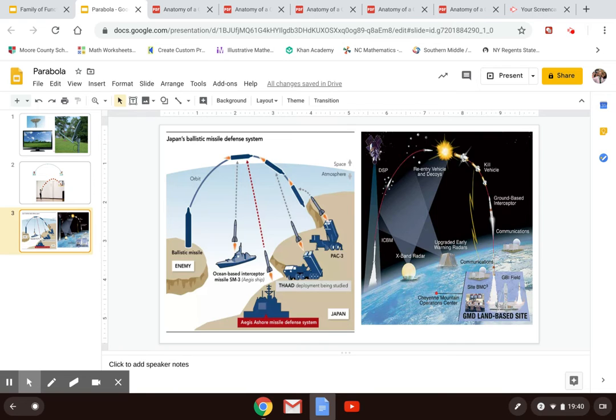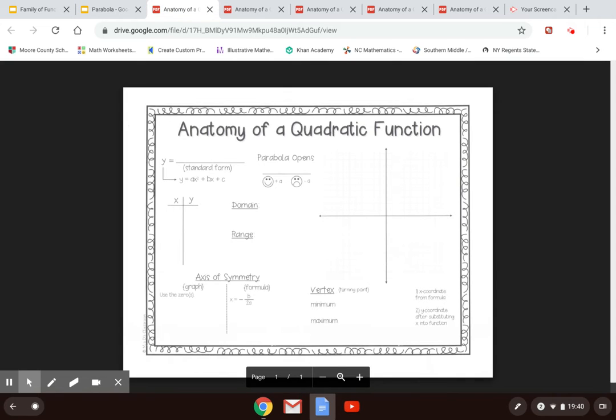So having said all that, let's go back to where we were yesterday as we were learning about the anatomy of a quadratic function. A quadratic function is a parabola, and on the graph, a parabola looks something like this.